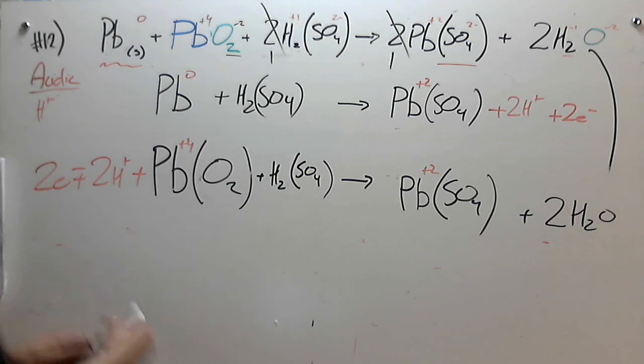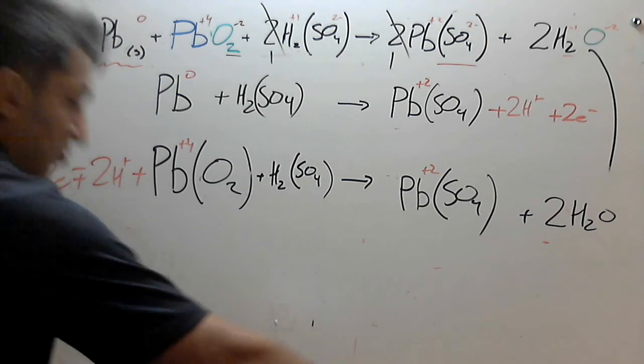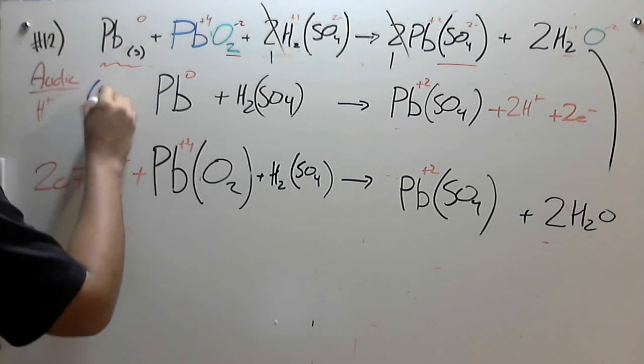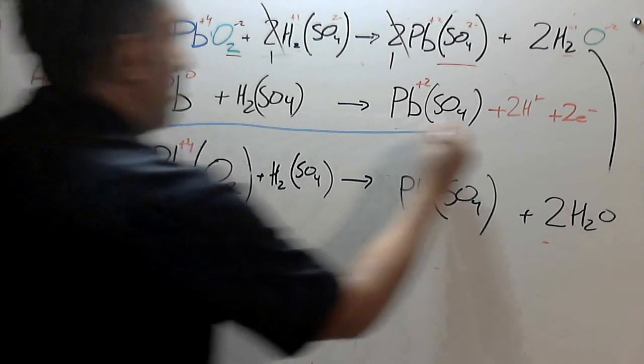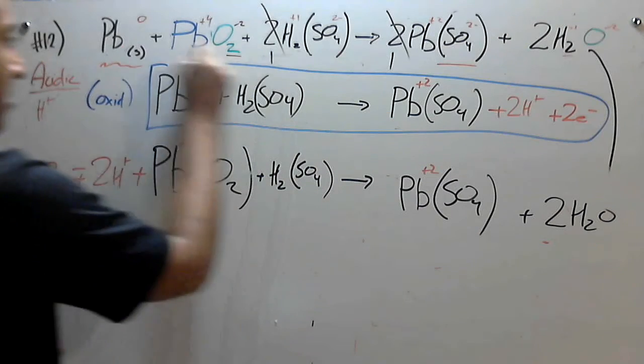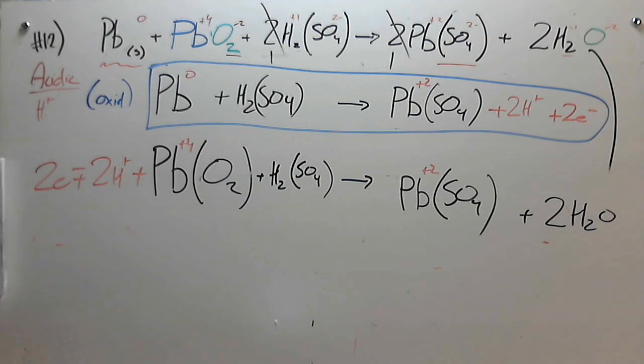I went up. Let's put that here in blue: oxidation. This is my oxidation equation. That's your answer for number 12. This other one went from a plus 4 to a plus 2. This is your reduction reaction. They're asking for that in number 13. This is number 12, and that's number 13.